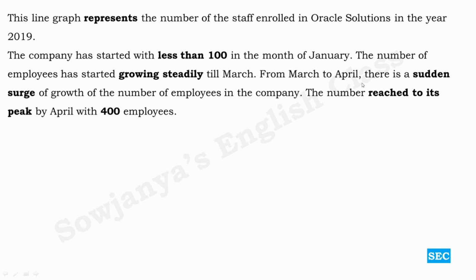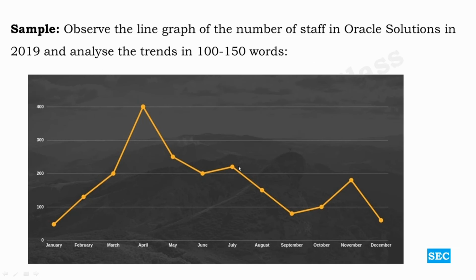From March to April, there is a sudden surge in the number of employees in the company. I have already told you, surge is the word which can be used for rapid growth. All of a sudden, if growth happens, then we use this particular word, surge. So here if you observe from March to April, there is a sudden surge, rapid growth.